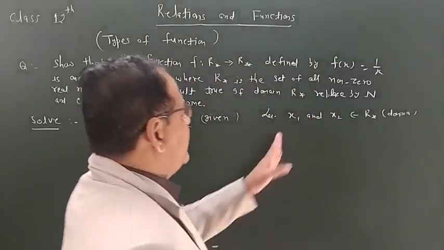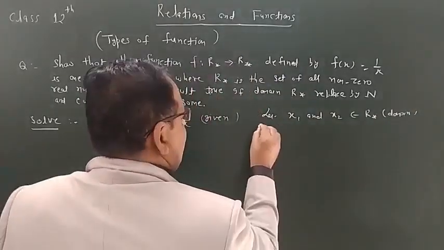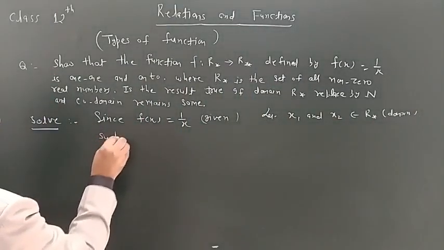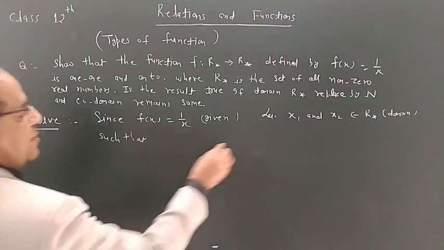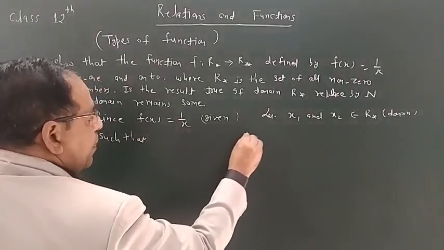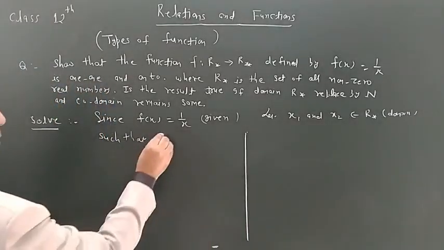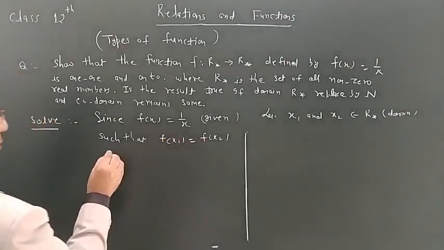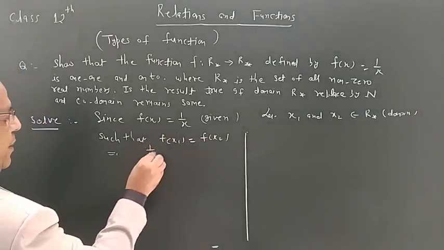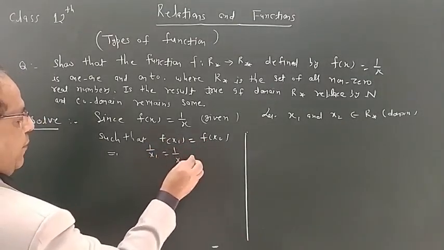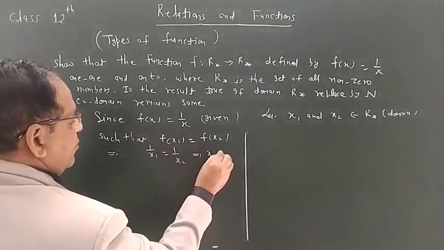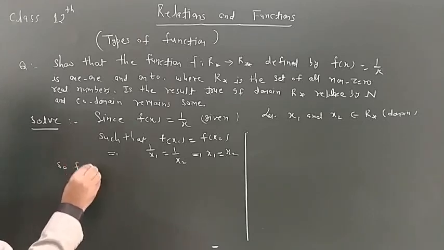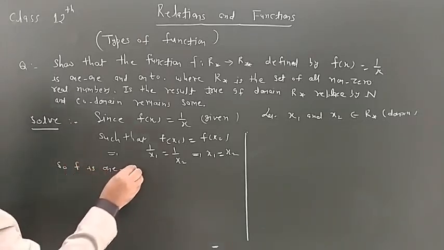We take 2 points x1 and x2 of the domain such that f(x1) equal to f(x2). This implies that 1 upon x1 equal to 1 upon x2, that means x1 equal to x2. So f is one-one.